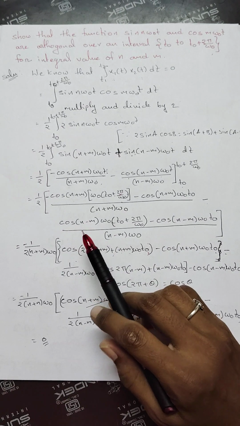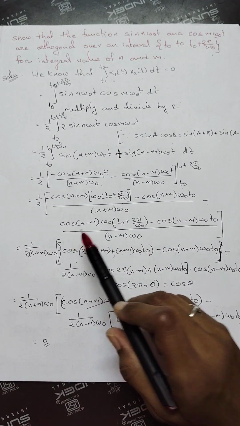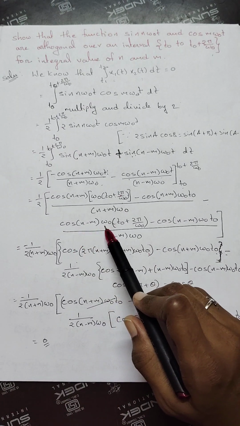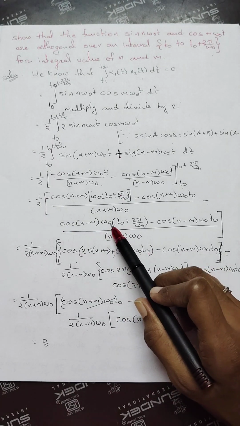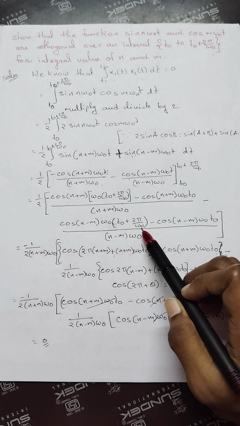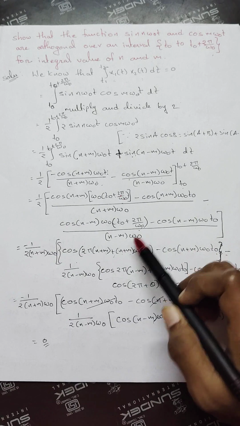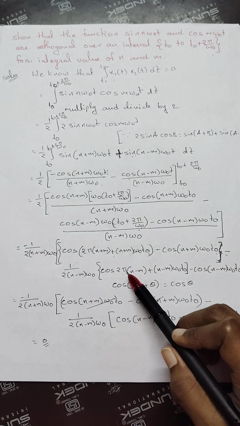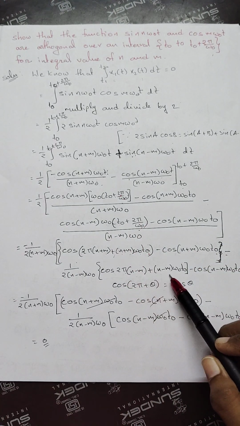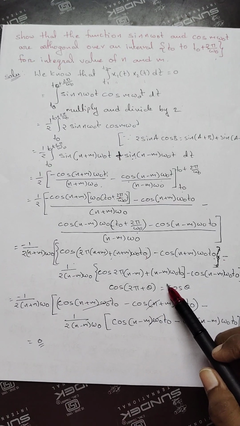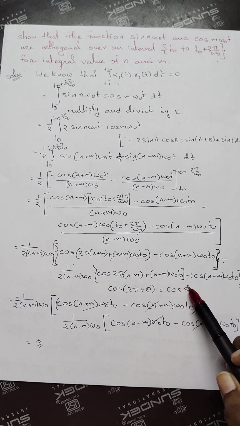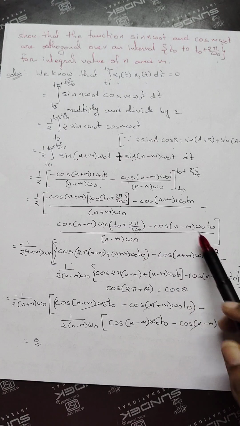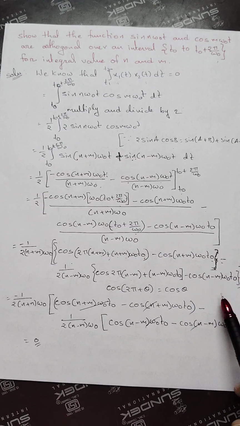In the same way, cos((n minus m) omega naught) multiplied out, again omega naught cancels and we get 2 pi (n minus m) plus (n minus m) omega naught t naught, minus cos((n minus m) omega naught t naught).